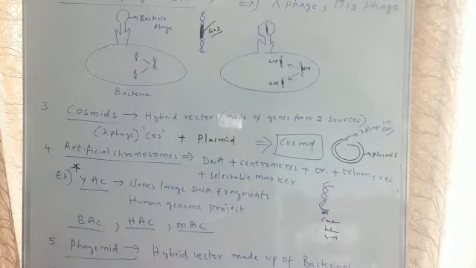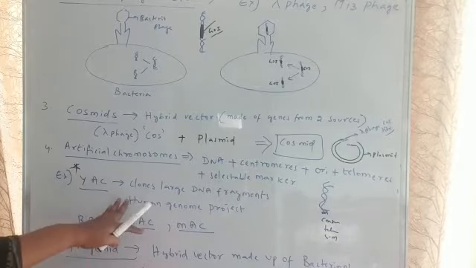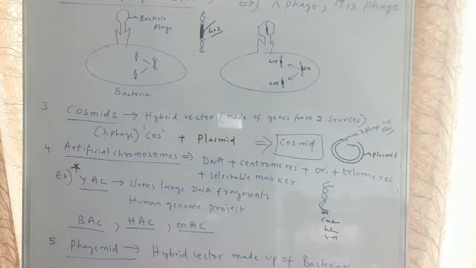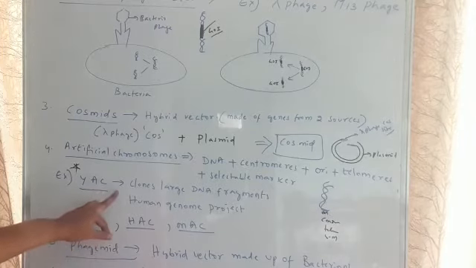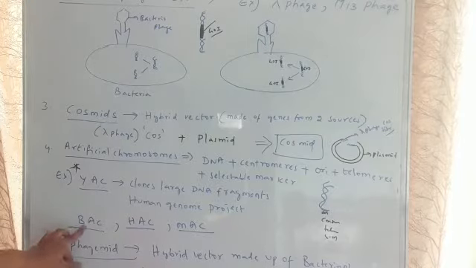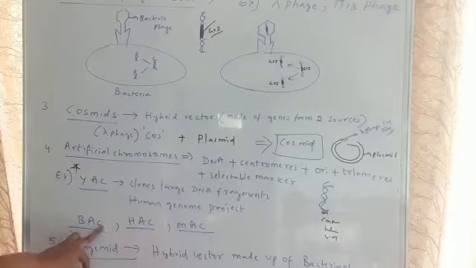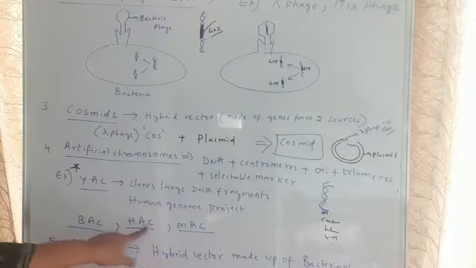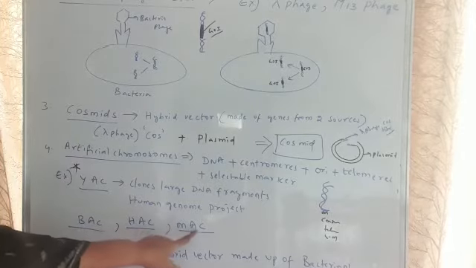And these chromosomes were widely used in the Human Genome Project. When mapping the human genome, these yeast artificial chromosomes were widely used. The second type of the artificial chromosome here is bacterial artificial chromosomes and human artificial chromosomes, mammalian artificial chromosomes.